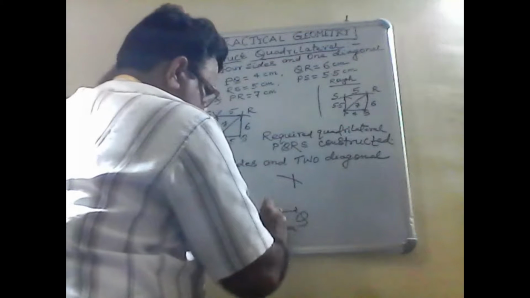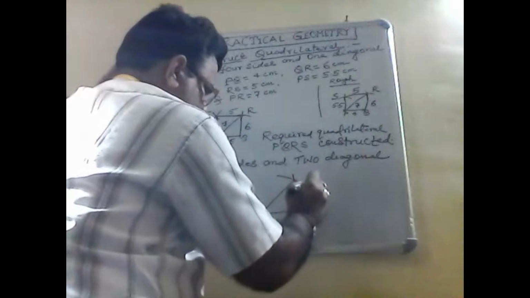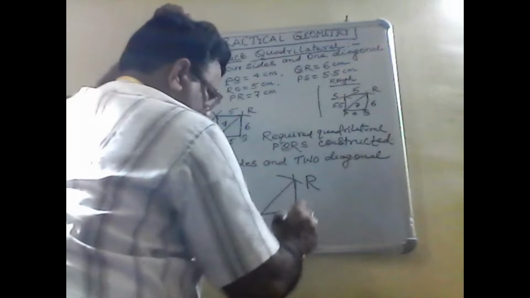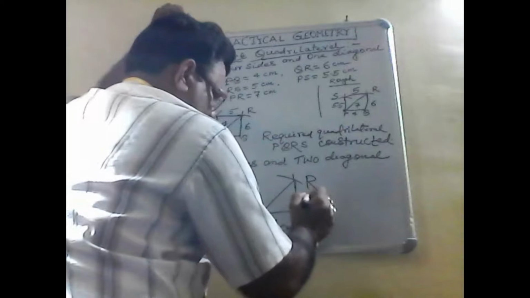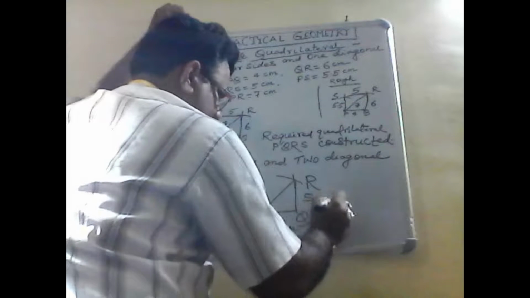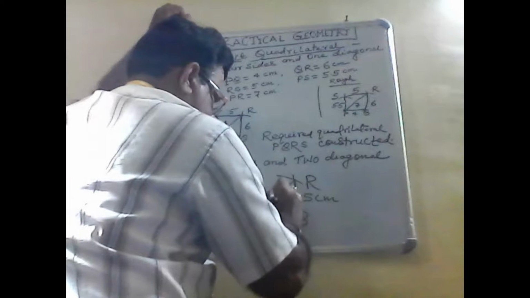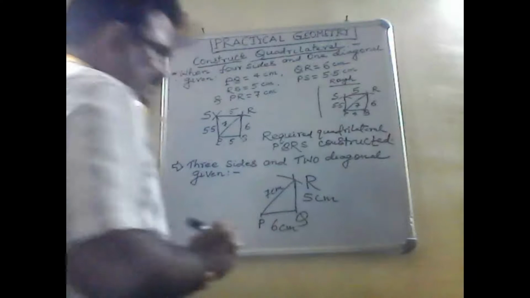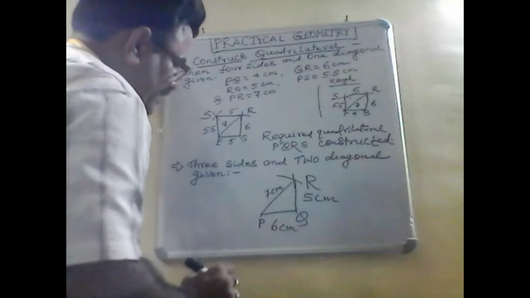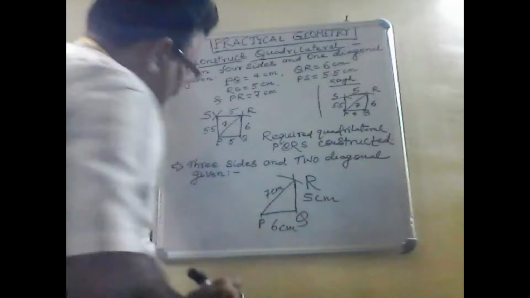It will intersect at a point, suppose this is R, so QR maybe it is 5 cm, maybe it is 7 cm. So the 2 sides have been given. Another thing, you should think that one side is also given.